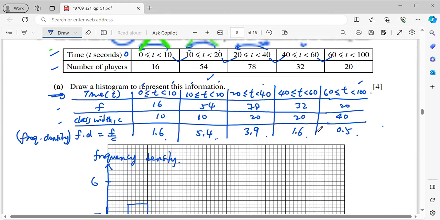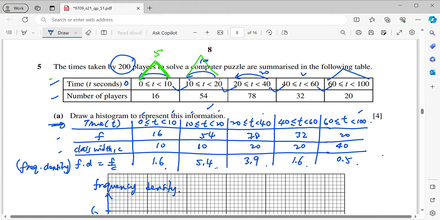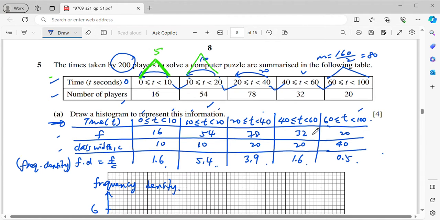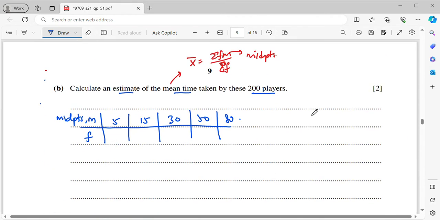How to get the 80? 60 plus 100 is 160. So 160 divided by 2, it will be 80. That is the M. Then the F, I will just copy the number of players. It will be 16, 54, 78, 32, and 20.